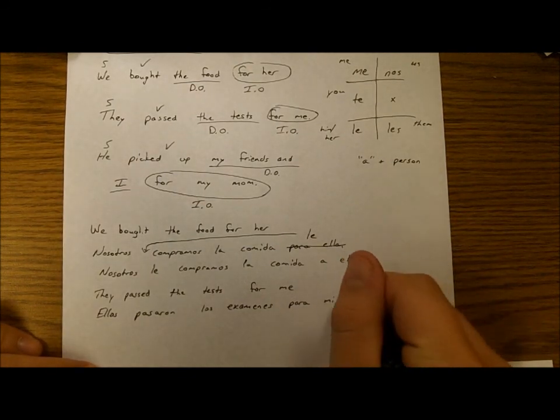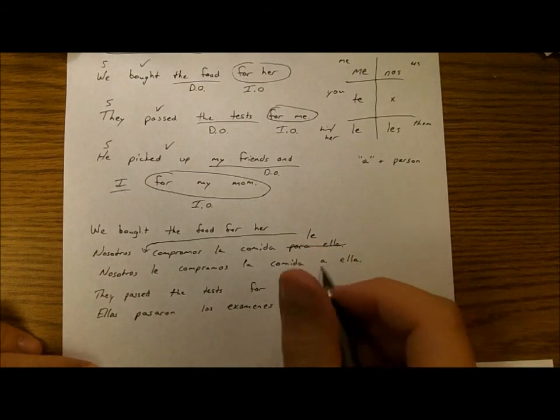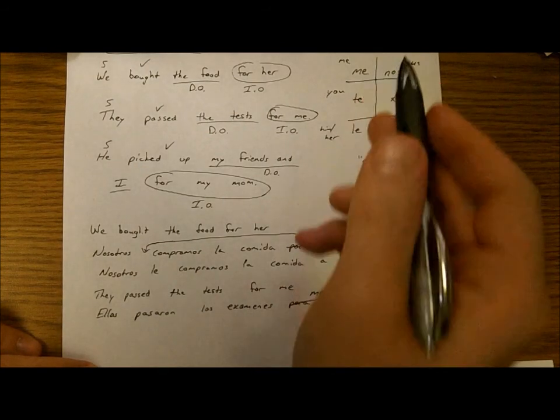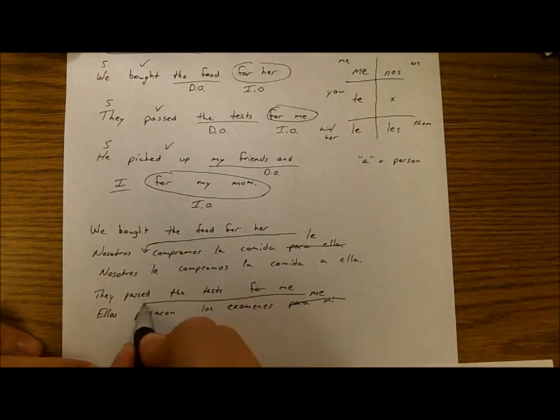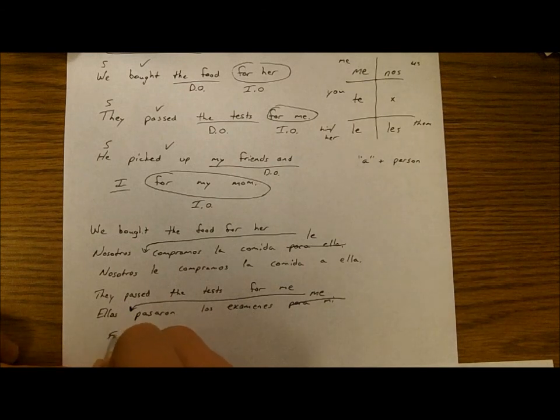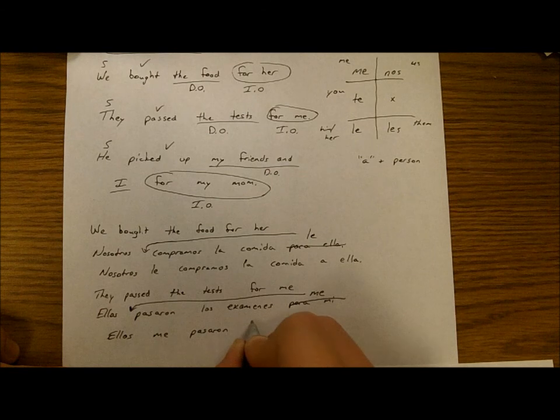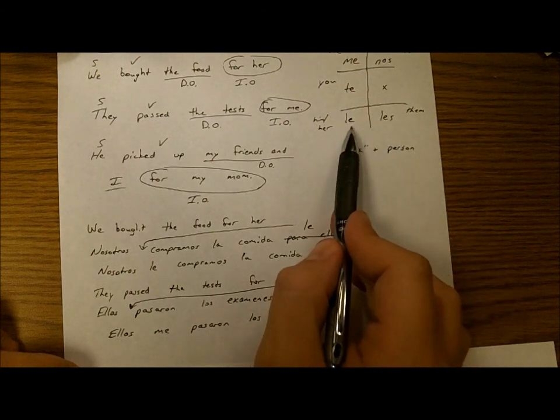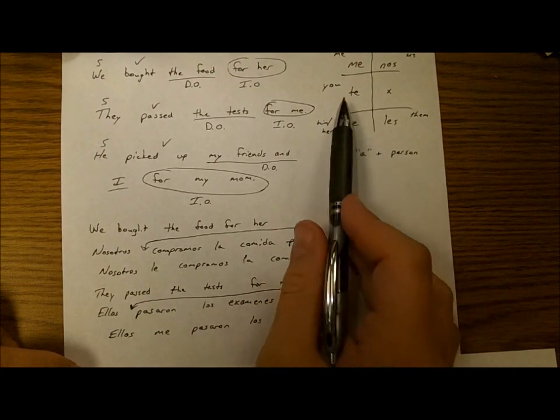Okay, so we want to get rid of this para mí. So we can cross that off, and me is the me, and then we've got to bring this all the way back over here. So ellos me pasaron los exámenes. Now, notice I didn't put an a mí at the end, because that only refers to le or les, because there can only be one me, the me.